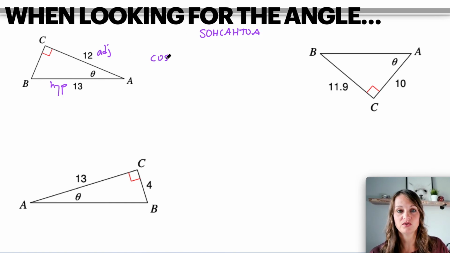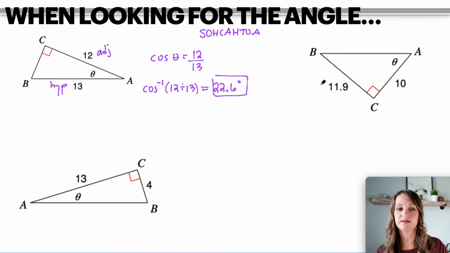So we know cosine of our angle is going to be the adjacent divided by the hypotenuse. So this is where you would have to do the inverse of cosine, and you would get 22.6 degrees.